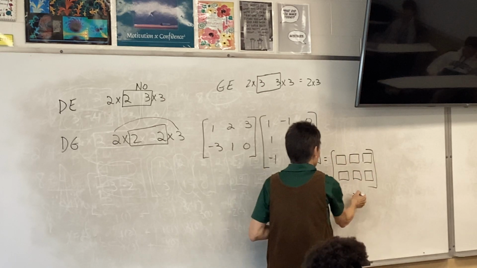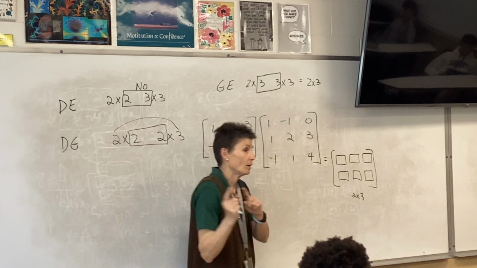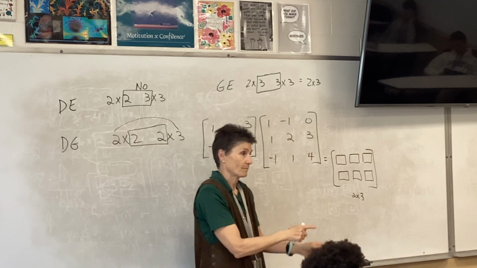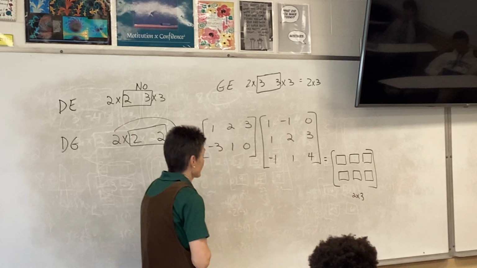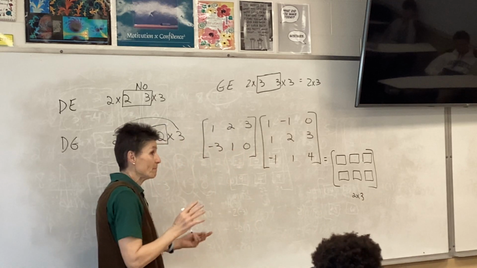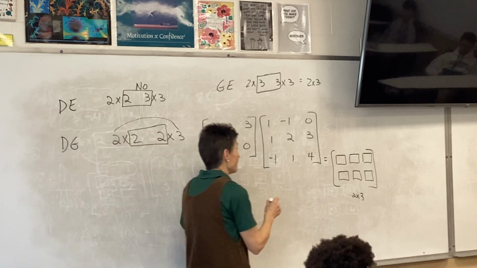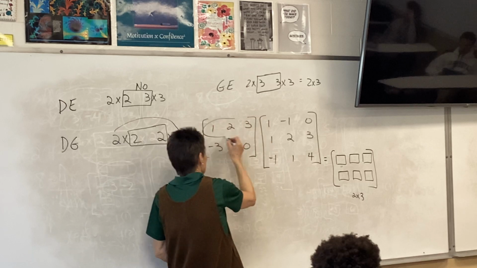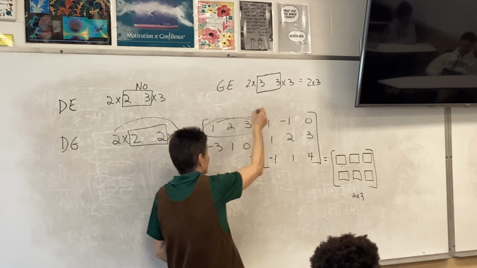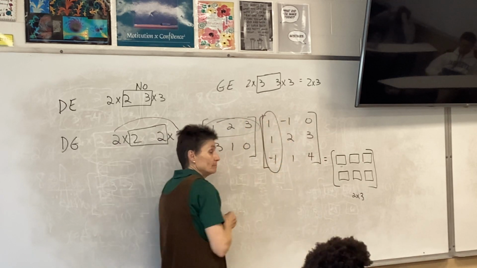Remember, 2 by 3 means 2 rows, 3 columns. All right, this is going to be bigger, but you do it exactly the same way. This is the 1, 1 spot. Here's my first row, and here's my first column.